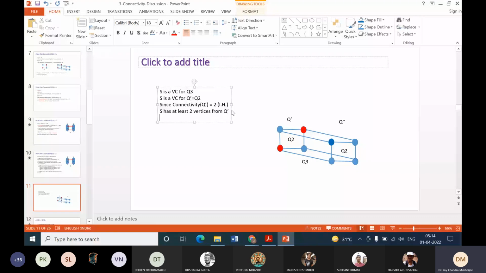Now the assumption is S doesn't contain any vertex from Q double prime.